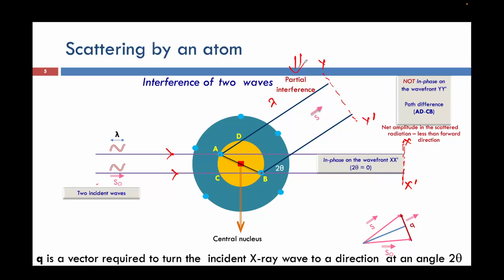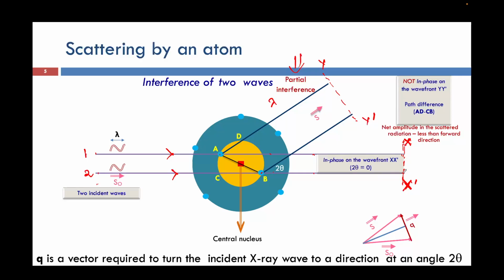So if I consider the path difference at this point, x bar, then here I can see that there is no path difference between wave 1 and wave 2, right? Because both of them are traveling the same distance. Here they are traveling the same distance, here they are traveling the same distance, as well as here also. There is no path difference.